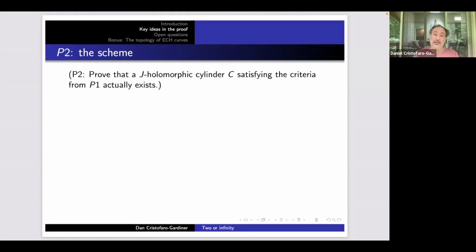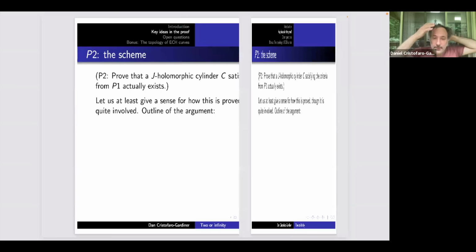So to link to your question, Sarah, I can demand exponential convergence in my moduli space, but then I have to show that that moduli space is not empty. And so I have to know that I actually have a cylinder using exponential convergence. And in my opinion, that's the miracle of how it all works. That's what I consider the coolest feature of why it actually works.